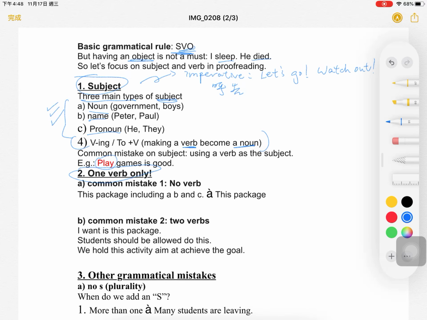Okay, so we never have a verb working as a subject.